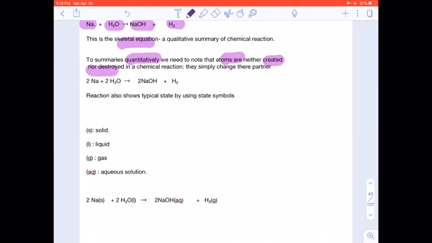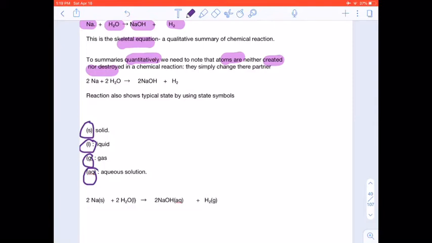So, that means if it's a solid, it's S. If it's a liquid, it's L. And if it's a gas, it's G. And if it's AQ, it means aqueous solution, meaning that the substance is in solution and the solvent is actually water. And most of our reactions in chemistry are going to take place in water.